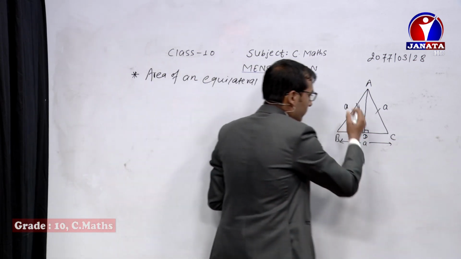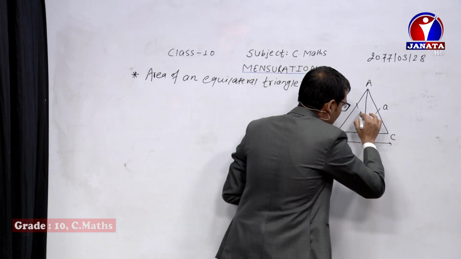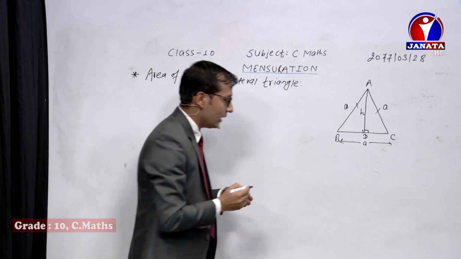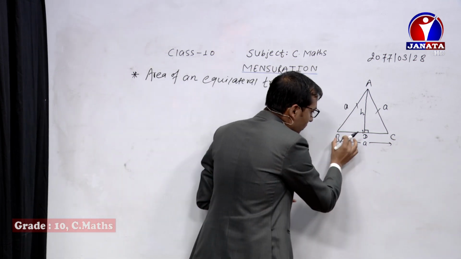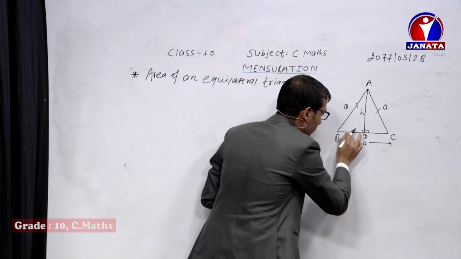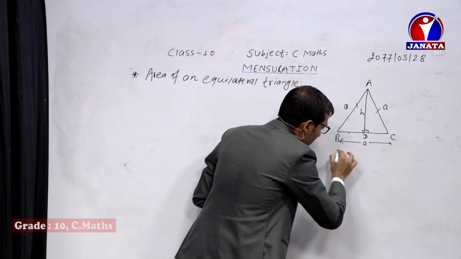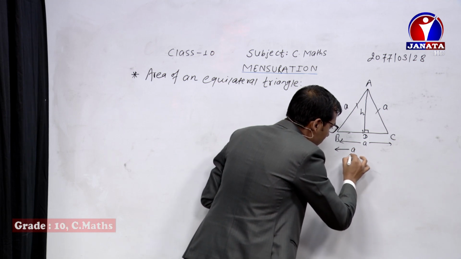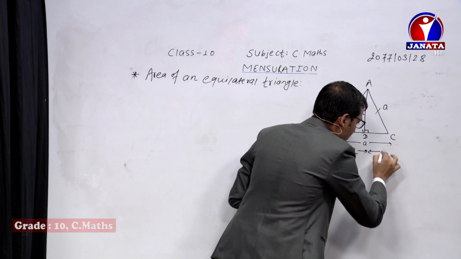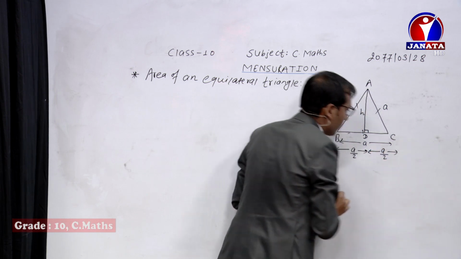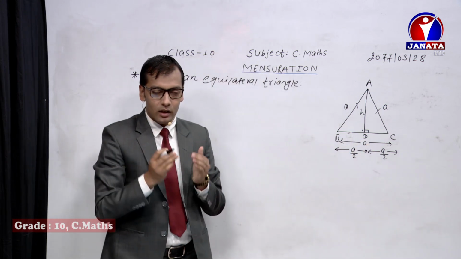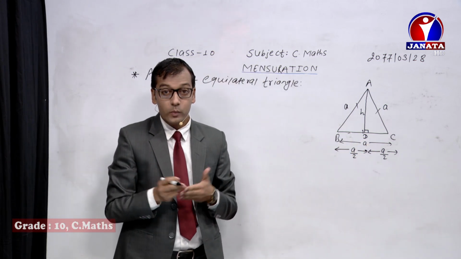Since AD is the perpendicular bisector, we can denote the height by H. AD is the height. Now what is the length of line segment BD? It's A by 2, and DC is also A over 2, because the total length A is equally divided into two parts.